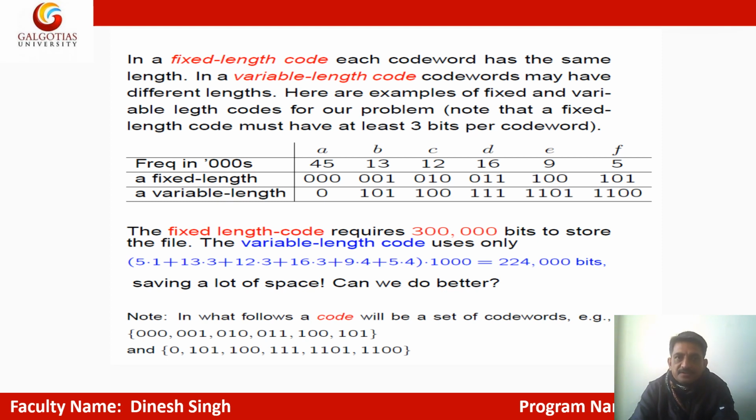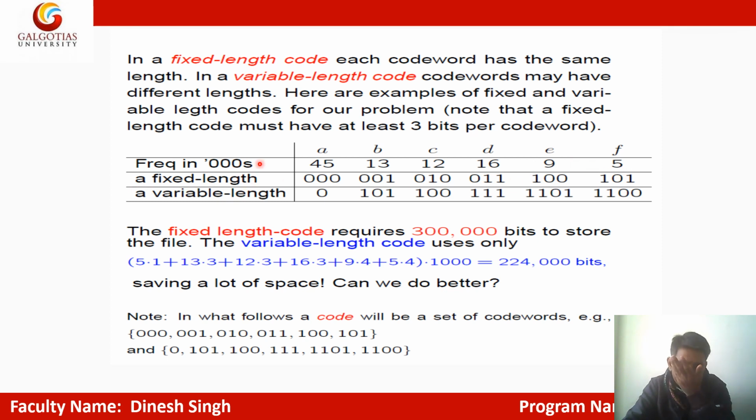Note that a fixed length code must have at least 3 bits per code. So the characters are the same again, A, B, C, D, E, F, and the frequencies in 000s are 45, 13, 12, 16, 9 and 5.